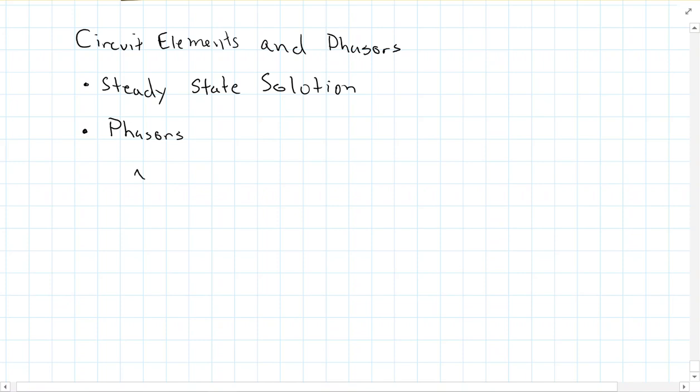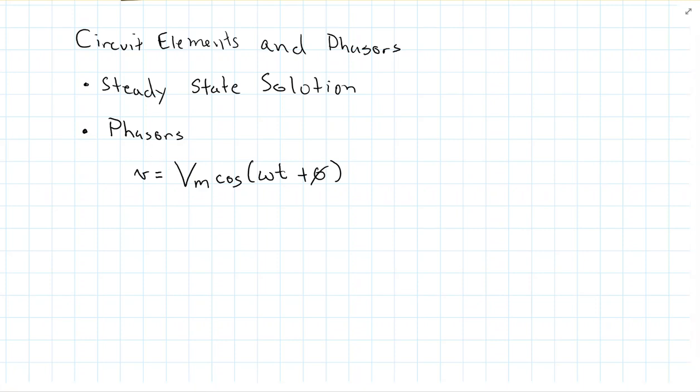And so just to remind you, if we have a voltage that's equal to Vm, remember it's always the cosine function, omega t plus phi. The key thing is that when we did circuit analysis on this and we solved the differential equation, we noticed that the steady state solution had the same frequency, so omega didn't change.